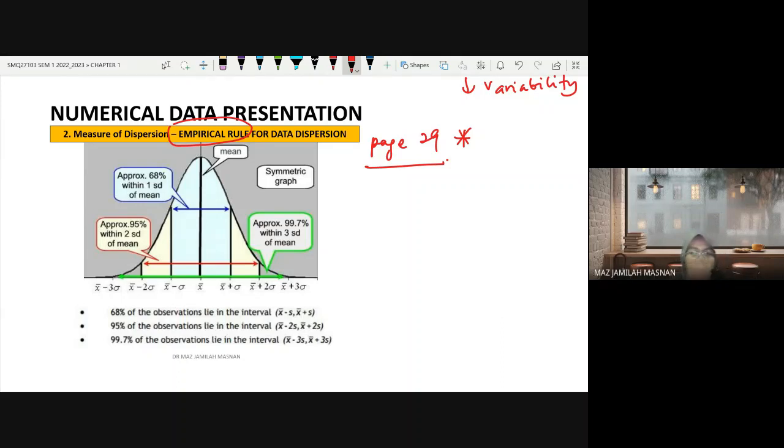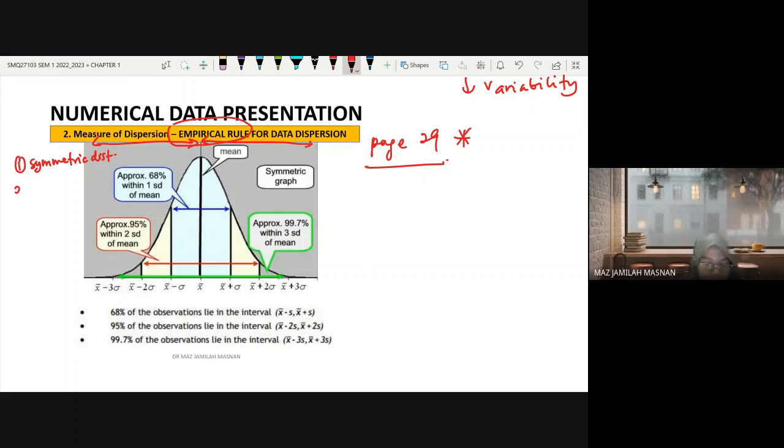Class, if you are talking about the empirical rule, first you need to remember you are talking about a symmetric distribution, which means that your data is normal. Symmetric means that the left hand side is the same as the right hand side. The length is the same. That's why we call it the empirical rule, because first it is symmetric.